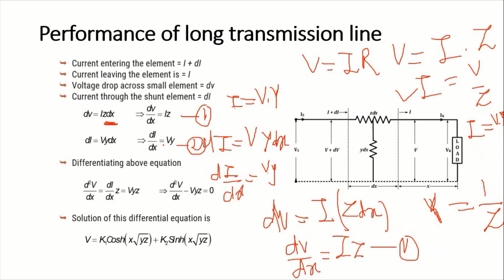But we get dI by dx is equal to V into Y from equation number 2, so put dI by dx is equal to V into Y. So d square V by dx square minus VYZ is equal to 0. This is equation number 3, and by solving this differential equation we get this equation.